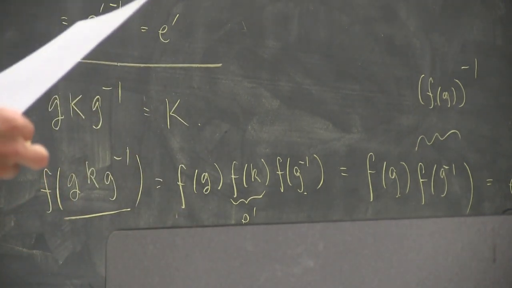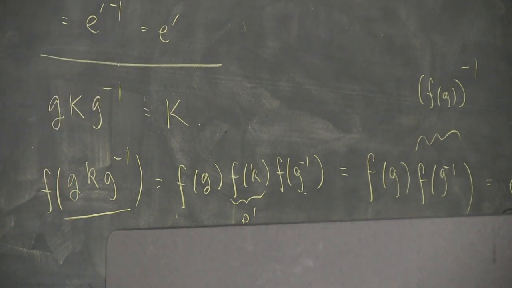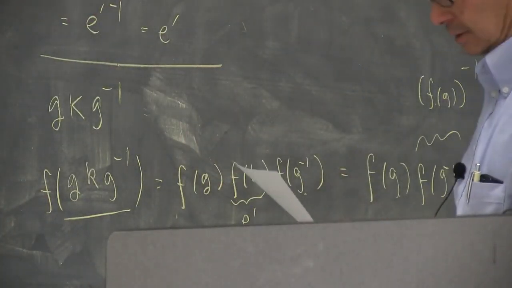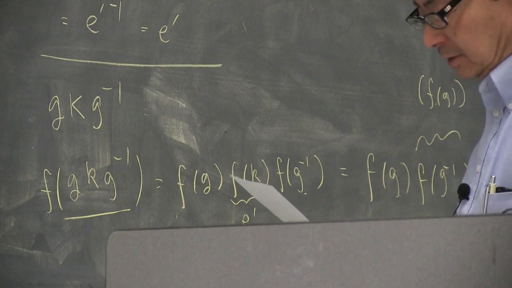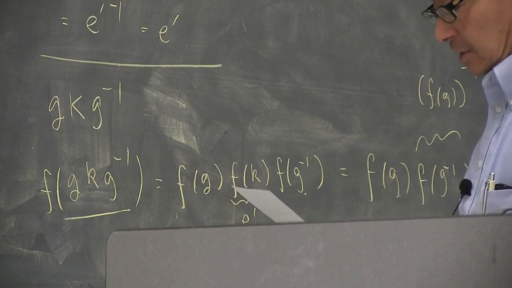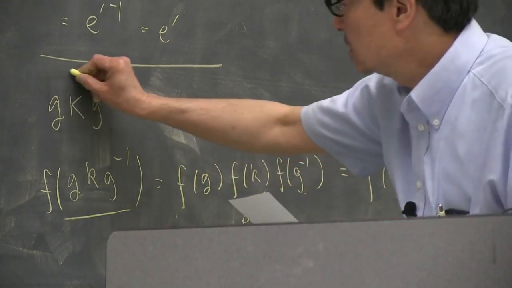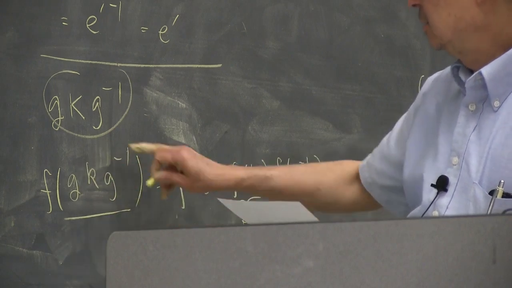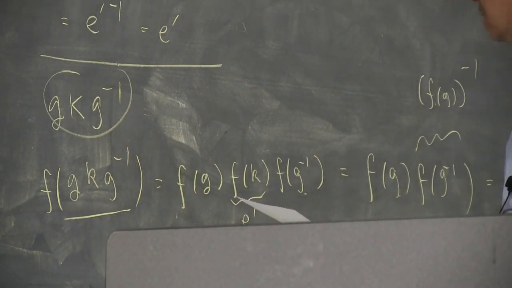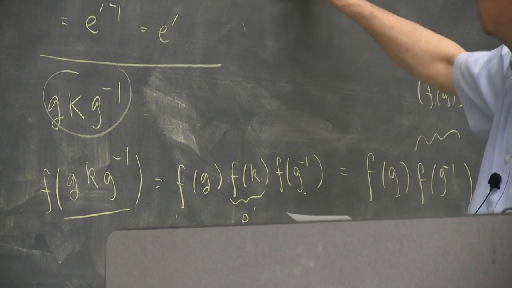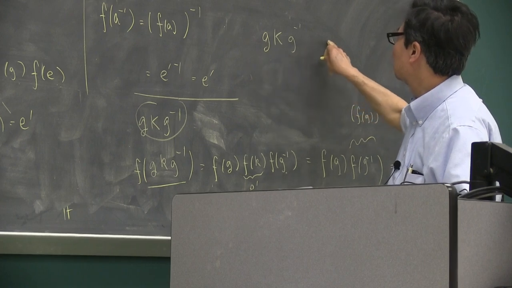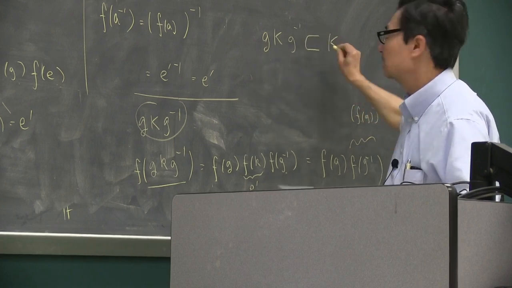Wait, we have to be careful. I'm jumping the gun a little bit. So far, I have only proven that any element in g K g inverse must be an element in K, so I have only proven that it's a subset.